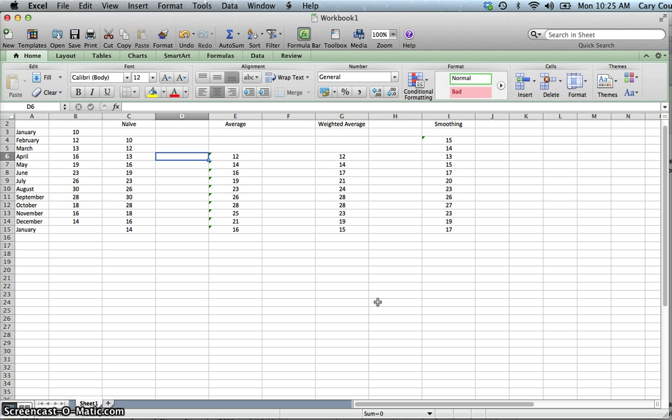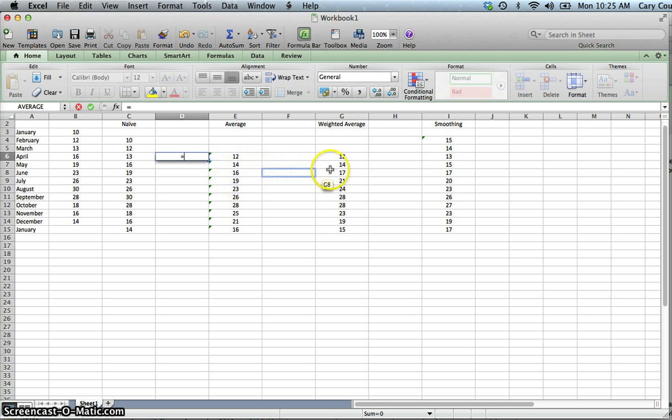So what I'm going to do is go here, and we could actually calculate the error for February and March with a naive approach, because we have both actual and forecast. We could do that over here for exponential smoothing as well.